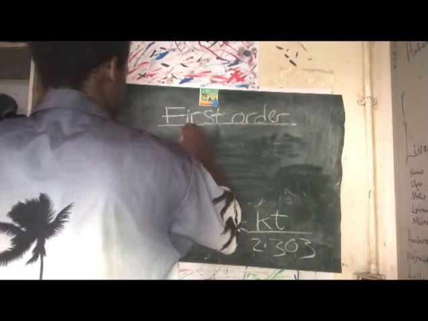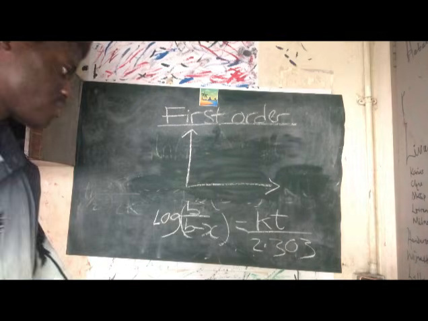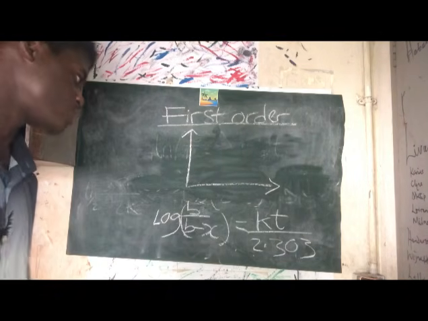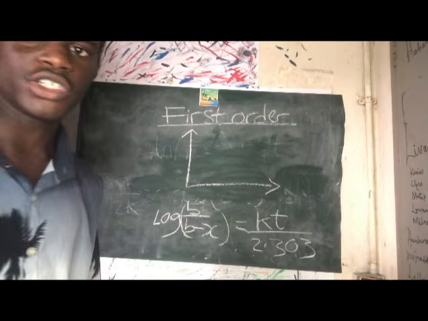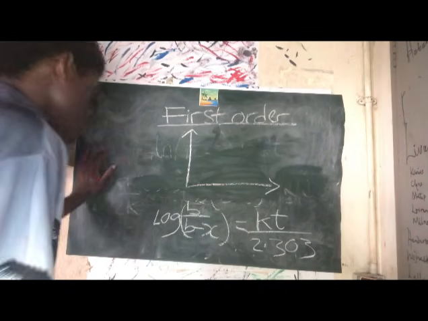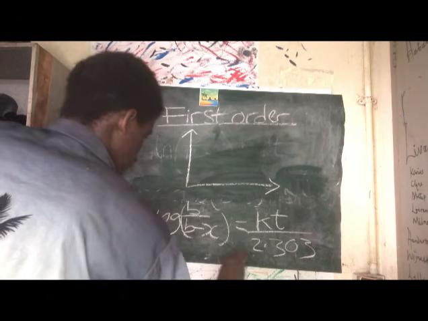So this is the graph here. Now we are going to compare this to a straight line graph. So y is equal to mx plus c.